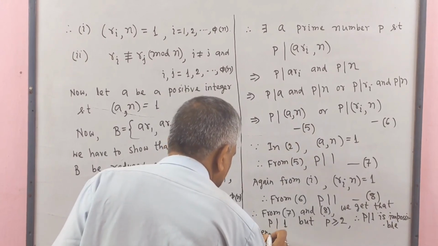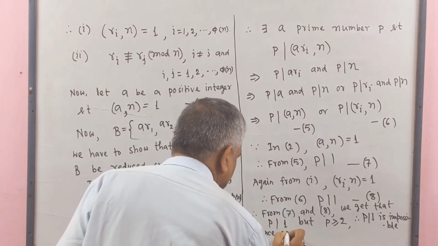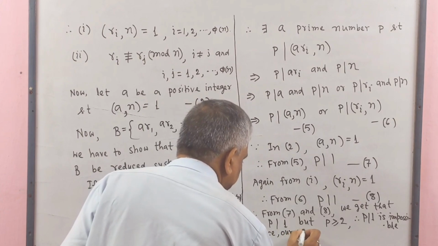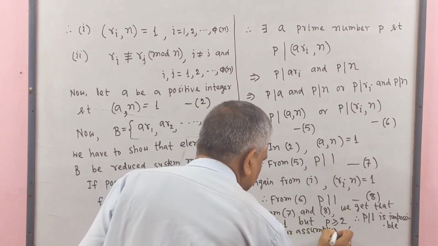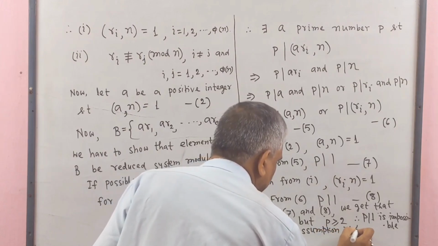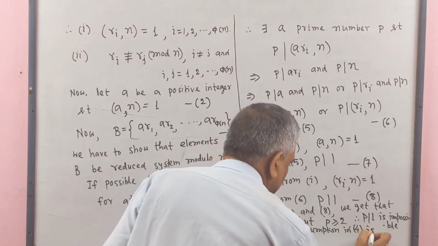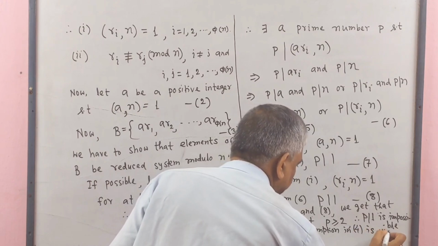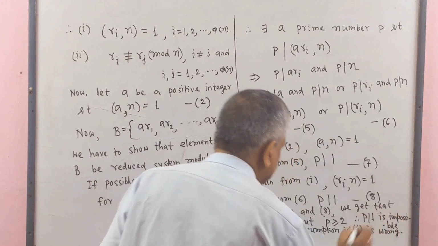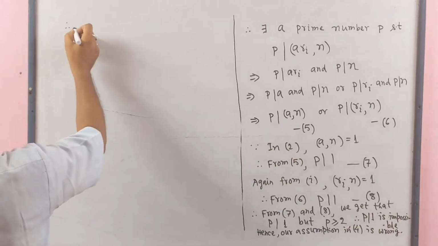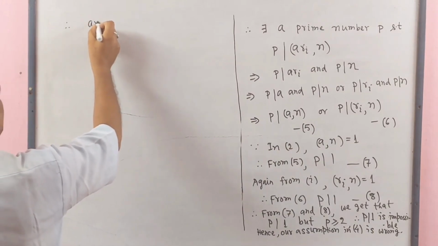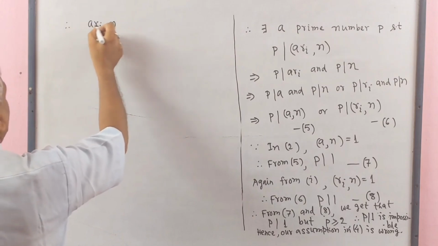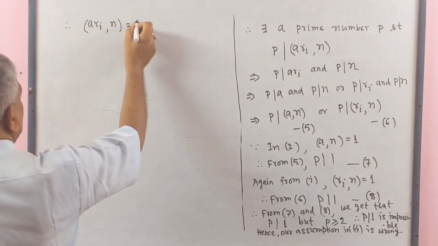Hence, our assumption in 4 is wrong. Therefore, GCD of a r_i and n equal to 1.